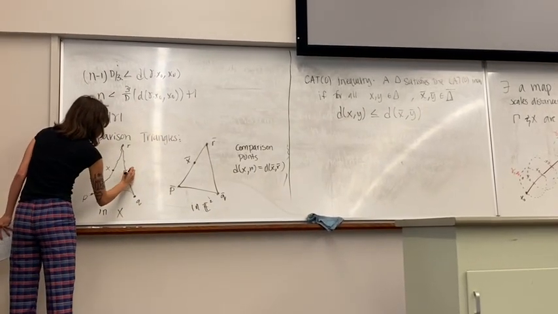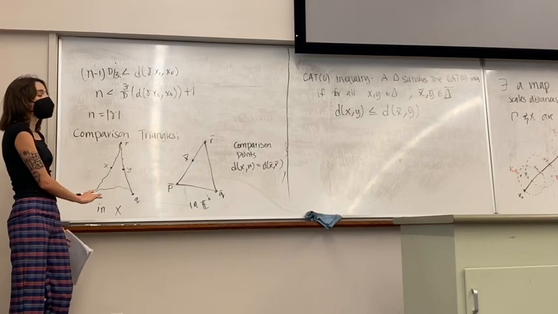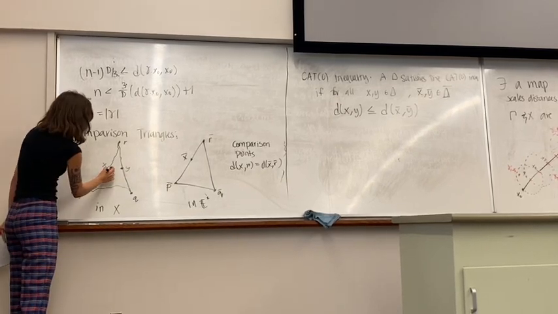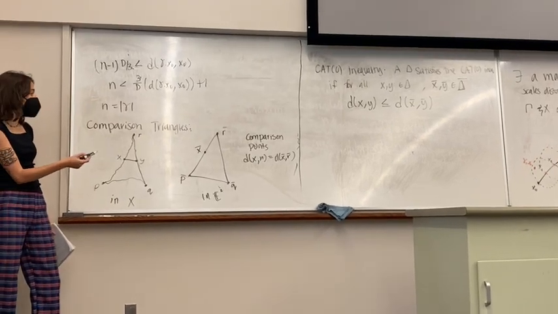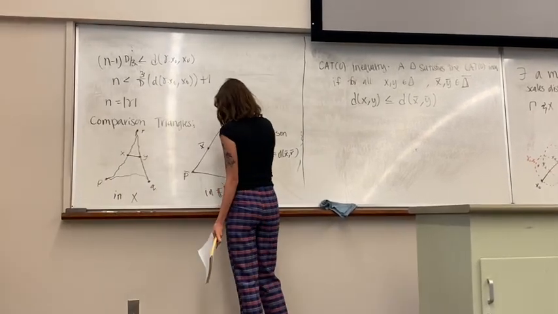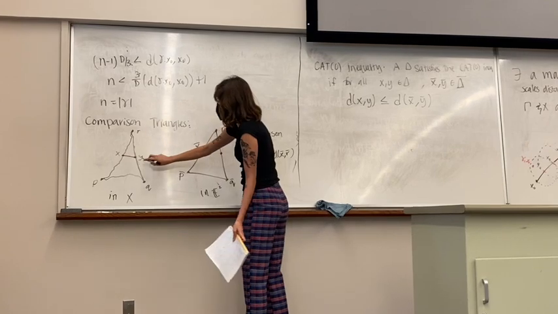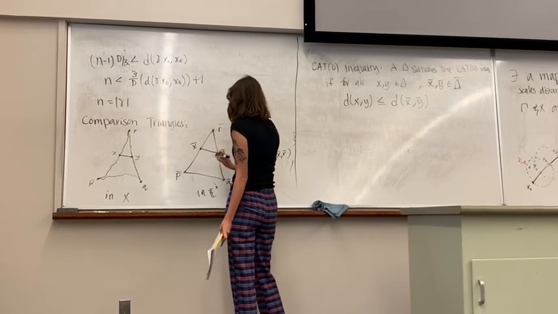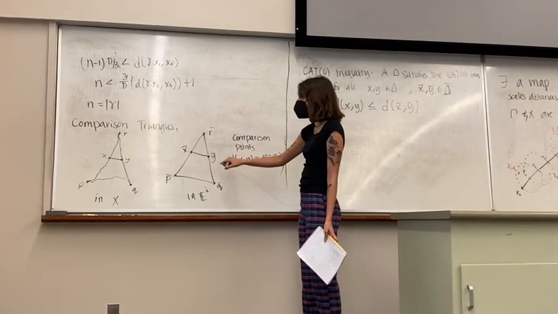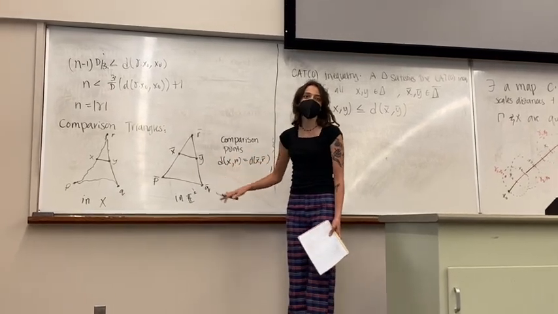So we have two points, X and Y, on our original triangle. If this geodesic triangle satisfies the CAT(0) inequality, then this distance from X to Y in our geodesic triangle needs to be less than or equal to this distance X to Y in our comparison triangle.